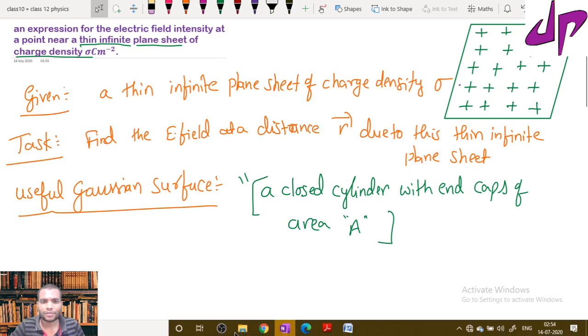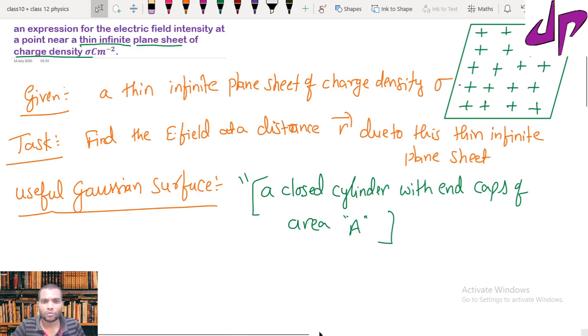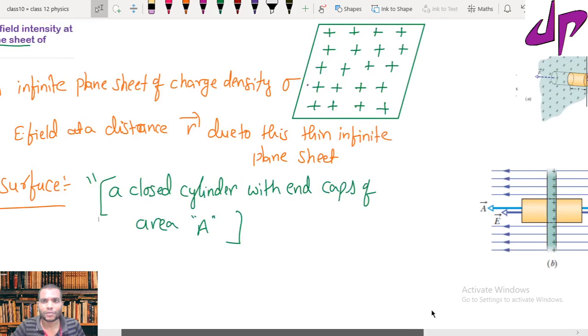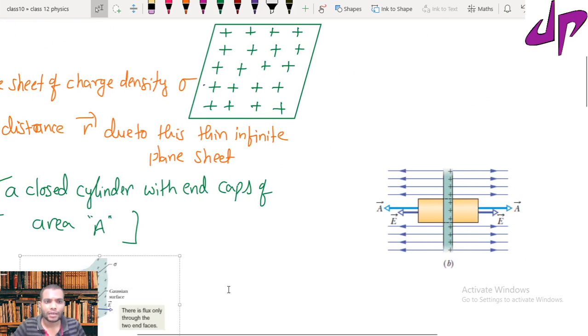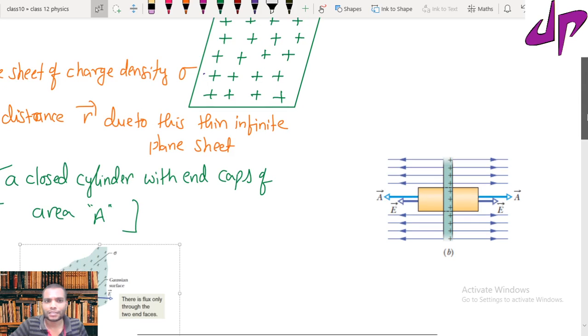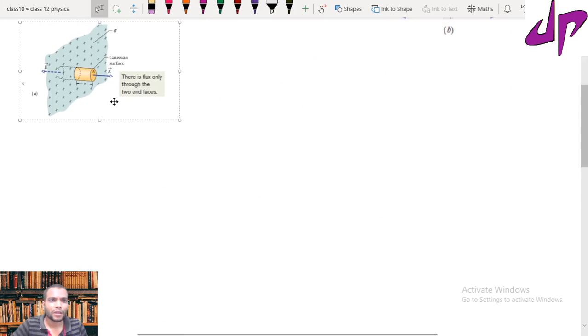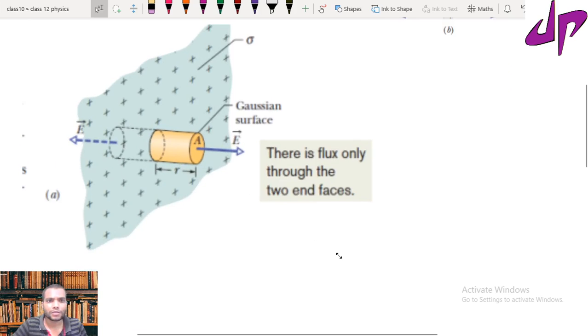Suppose I would like to show how we can draw a Gaussian surface. Yeah, this is my present infinite plane sheet of charge along with the Gaussian surface.